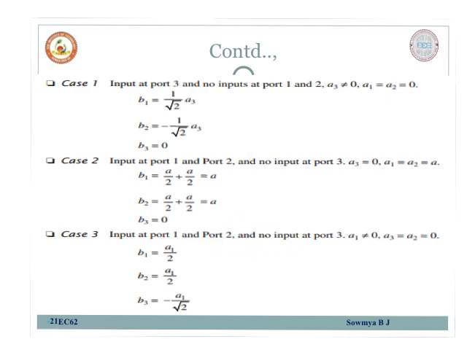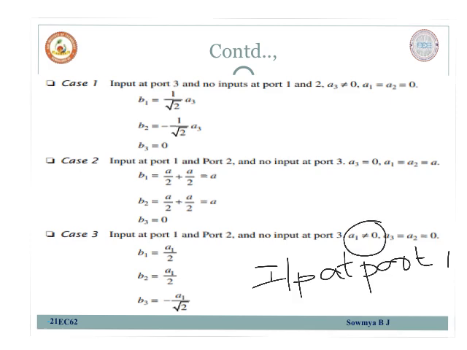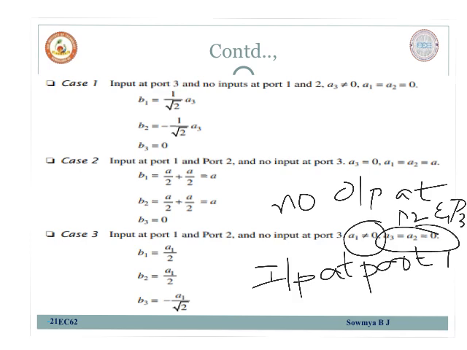Only input at port 1, it means A1 is not equal to 0. There are no inputs at port 2 as well as port 3, so it means A3, A2 is equal to 0. In such a case, what is the value of B1? It is A1 by 2. What is the value of B2? It is A1 by 2. What is the value of B3? It is minus A1 by root 2.